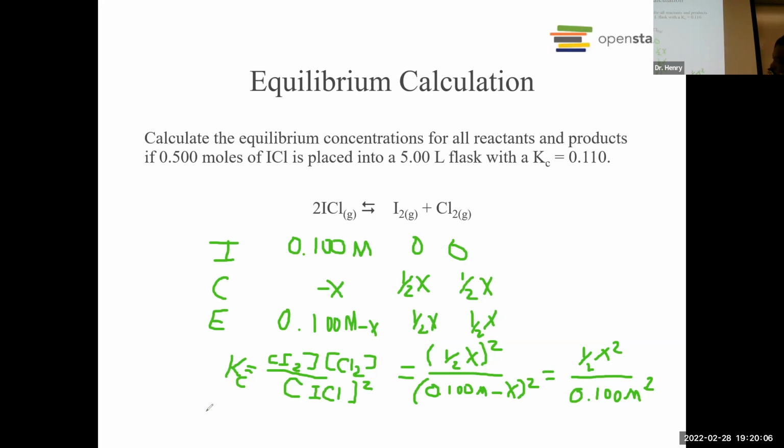So I'm going to get Kc equals 1/4 x squared over 0.0100.